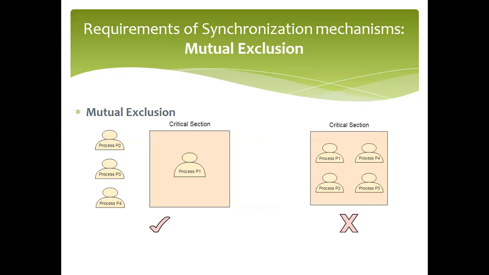So mutual exclusion is just avoiding this thing. I mean, if you supply mutual exclusion, you will also solve the race condition problem.